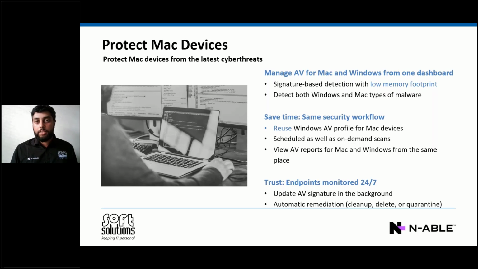Initially, Enable was skeptical about offering Bitdefender on Mac devices because they thought they wouldn't get the same functionality as on Windows, and it would probably just slow the machine down for no reason. But when it came time to do their testing, they were surprised. They didn't really notice Bitdefender on the Mac machine, and they got quite a bit of utility out of it, so they were happy with that.